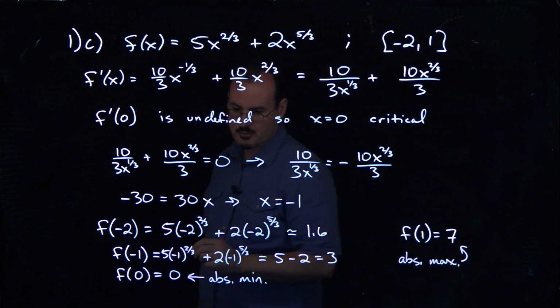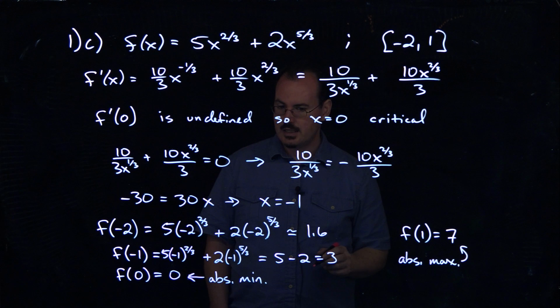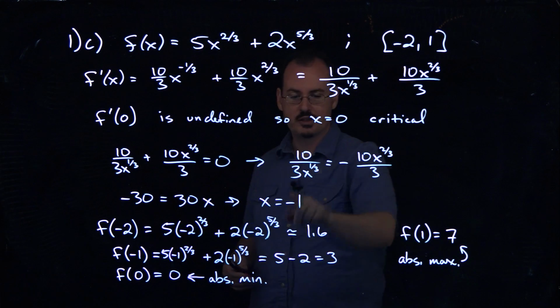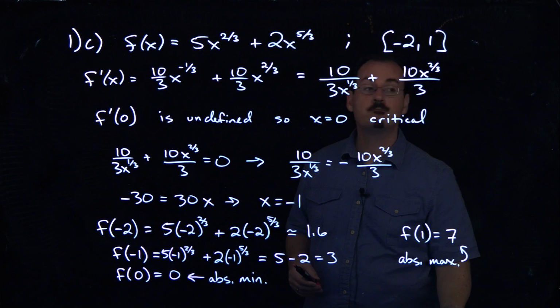Okay, so we found our absolute minimum occurs at one of the critical numbers, 0, and the absolute maximum occurs at the endpoint. The other critical number did not result in an absolute extreme value. Okay?